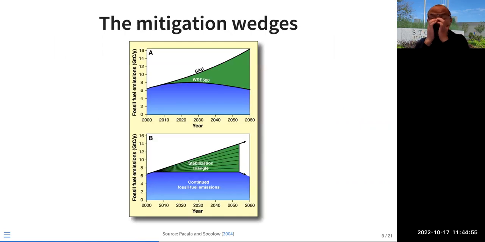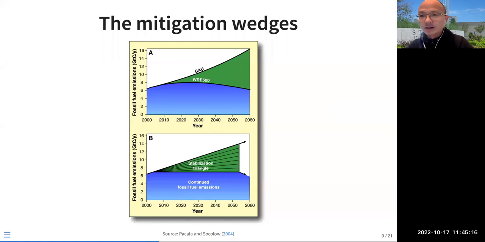So what are the key ideas behind addressing climate change? What about the policy? We know the impacts, right? So what are we going to do? How are we going to deal with it?